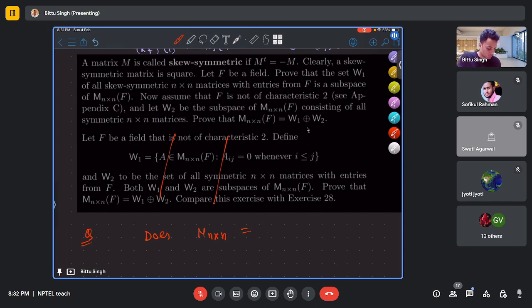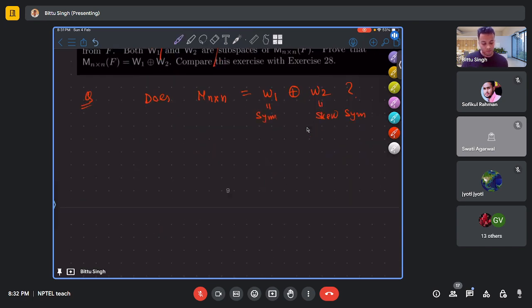Let us denote the space of symmetric matrices by W1 and the space of skew symmetric matrices by W2. So what is the meaning of symmetric and skew symmetric matrix? Suppose A is symmetric, then what is the property?